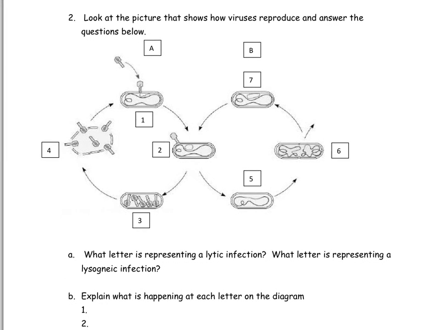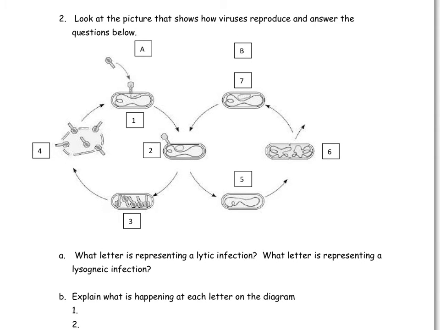And letter A is pointing to what is called the lytic cycle. And the lytic cycle follows this 1 to 2 to 3 to 4 and then back to 1. And letter B is showing the lysogenic cycle, which kind of starts here at 1, it goes to 2, then jumps over here to 5, and then 6, and then 7.